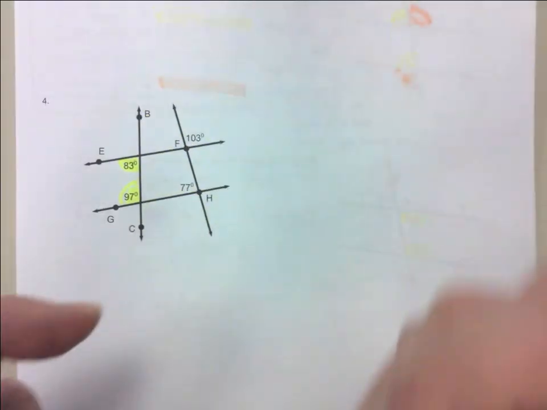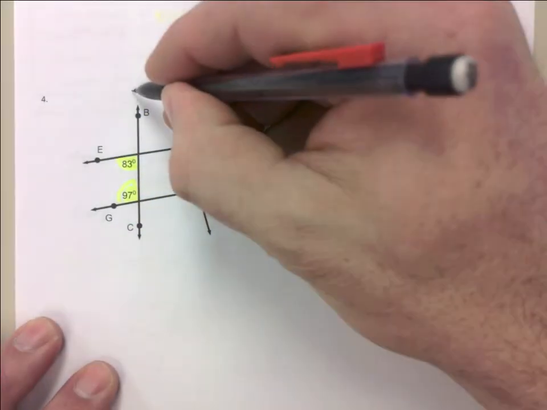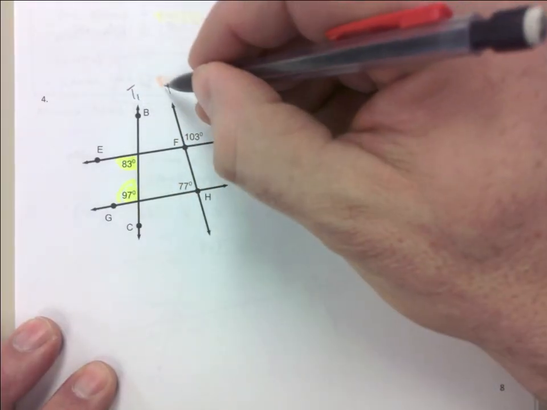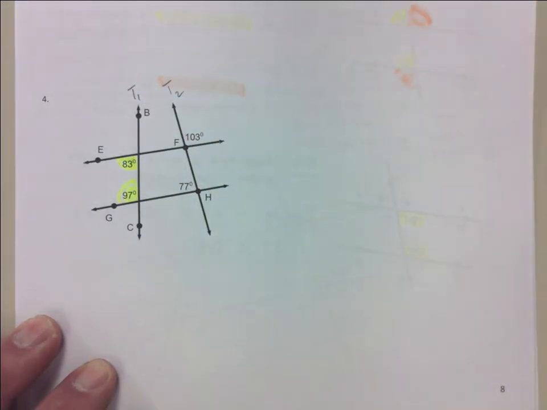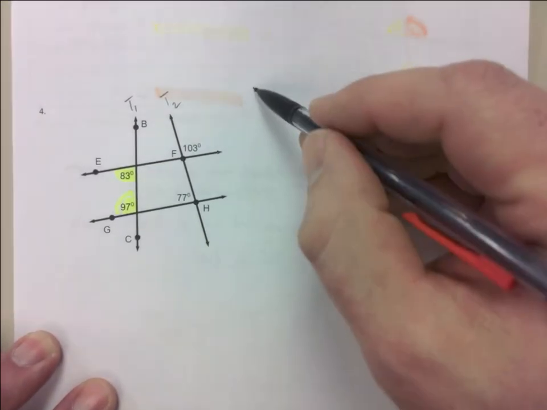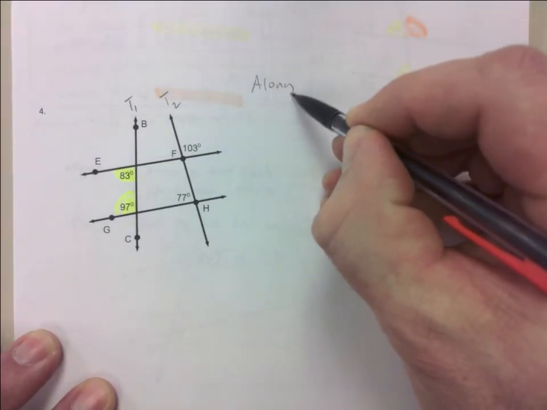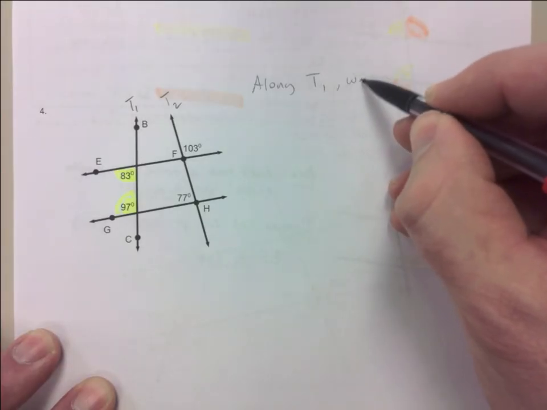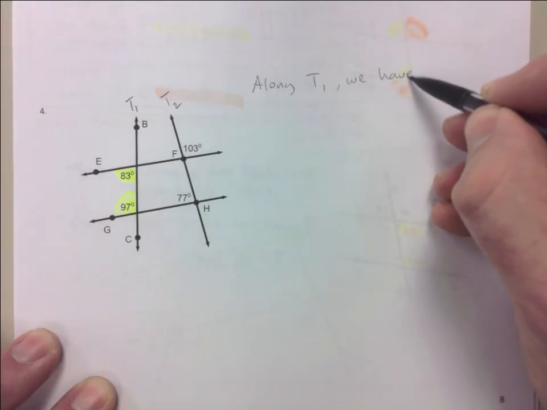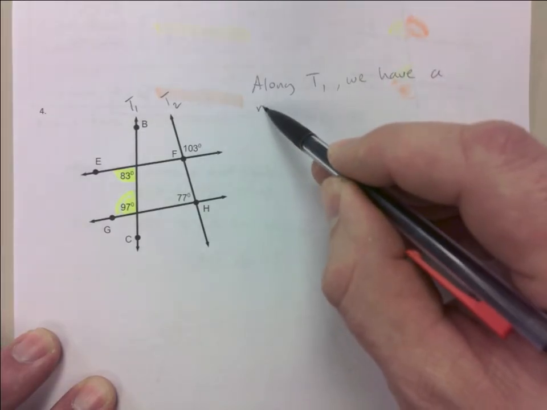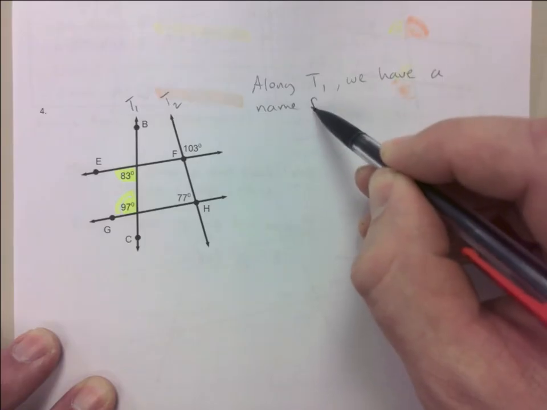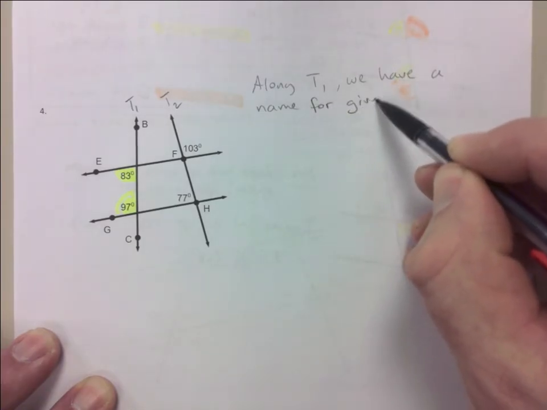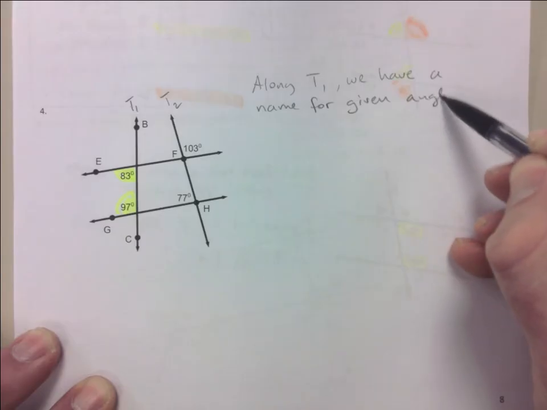Along this transversal. So let's call this T1 and this T2. Along transversal 1, we have a name for the given angles. Okay?